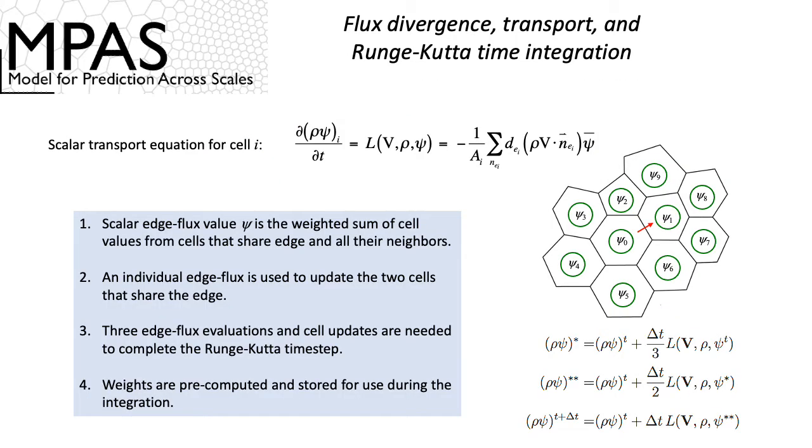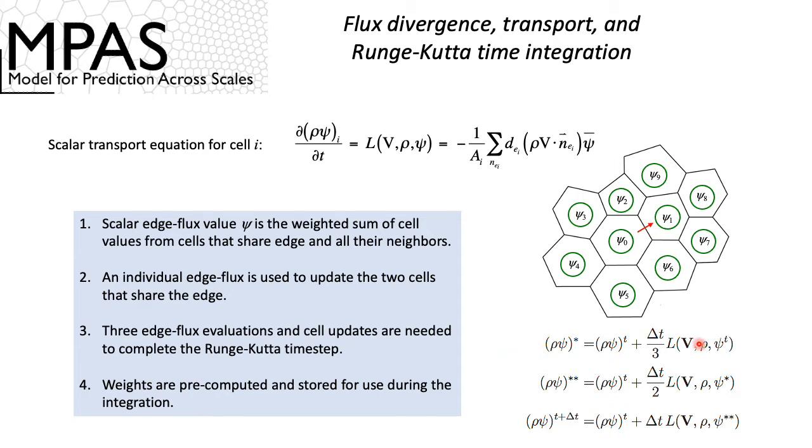Before we go into some examples and more generalization of the schemes, what we've done is show you a discretization that allows us to project the mixing ratio onto the cell edge. We haven't talked about the time integration. Our time integration is a Runge-Kutta scheme for the scalar transport that's depicted in these equations below.